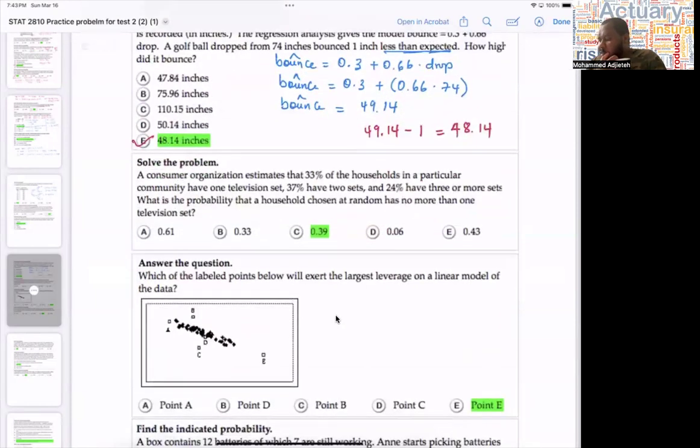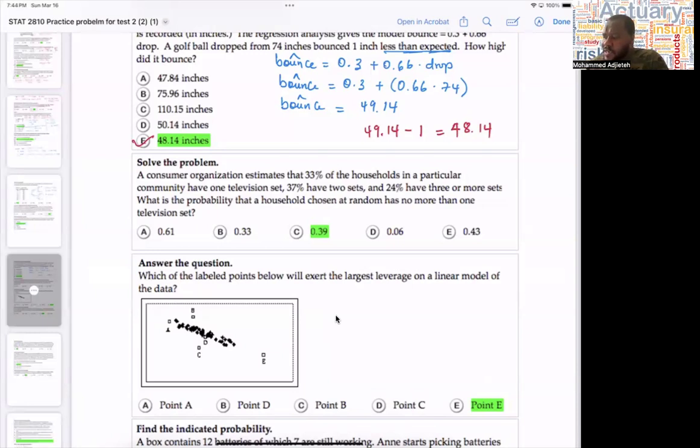Okay, now let's proceed. In this problem, we are told that a consumer organization estimates that 33% of the households in a particular community have one television set.